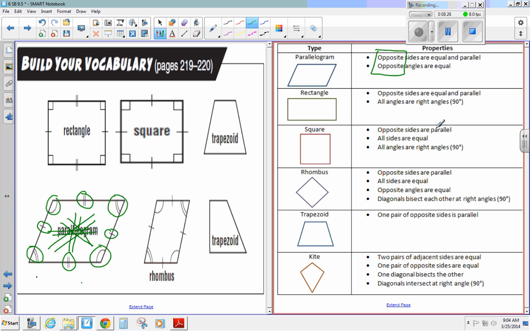Rectangles, opposite sides are equal and parallel. So a rectangle is a parallelogram, because the opposite sides are parallel and equal. The opposite angles are equal as well.